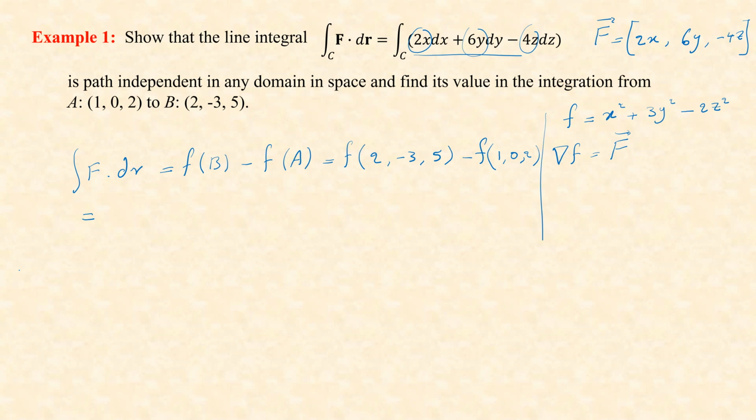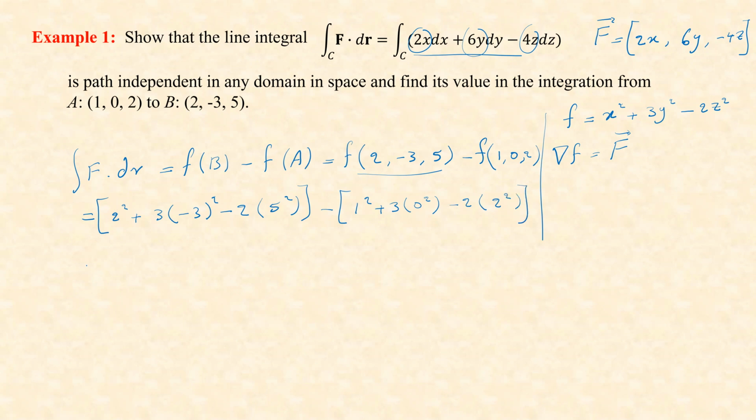At 2, negative 3, and 5, x is 2, so 2 squared plus 3 times negative 3 squared minus 2 times 5 squared. This is f at this point, and the other one is 1 squared plus 3 times 0 squared minus 2 times 2 squared.